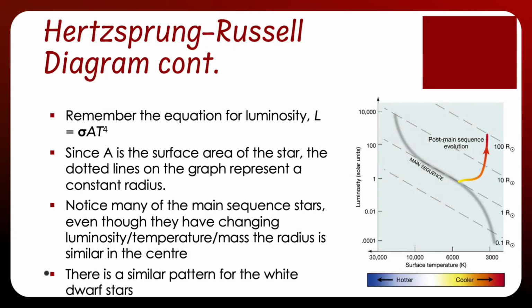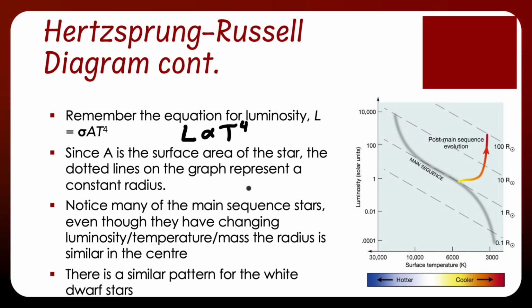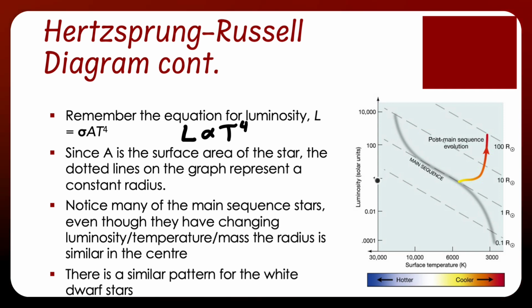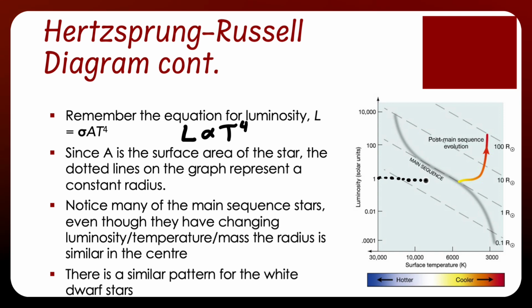Now there's a lot of information that we can get from here. Remember this equation, the Stefan-Boltzmann equation, L equals sigma A T to the power 4. We're looking at the luminosity, and we know that it's proportional to temperature to the power 4. Because this is a log-log graph, in other words logarithmic in both directions, this actually will give me this straight line. Now remember, this is in solar units, so 1 would be the luminosity of our sun.